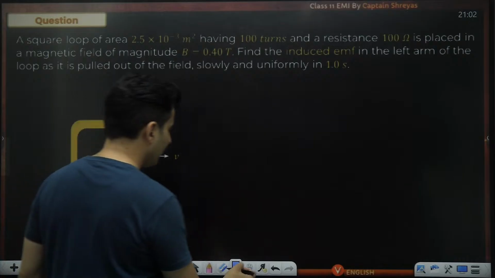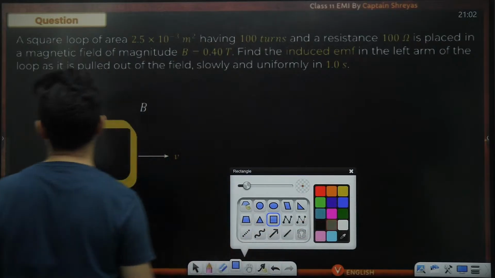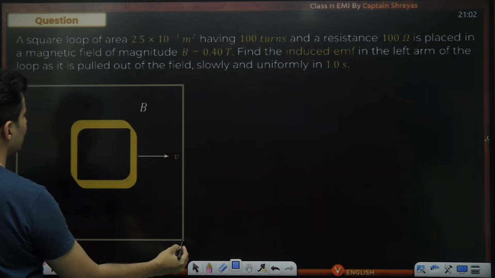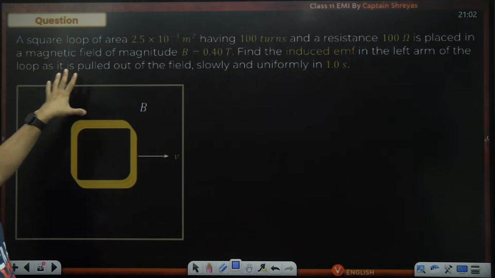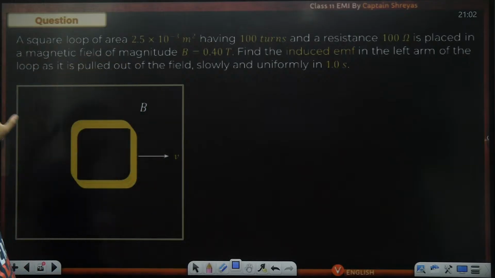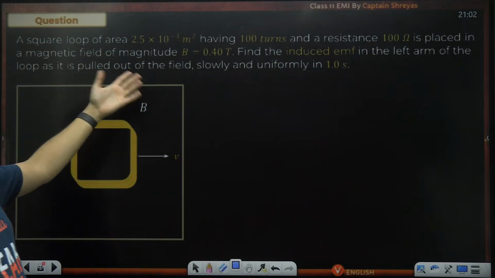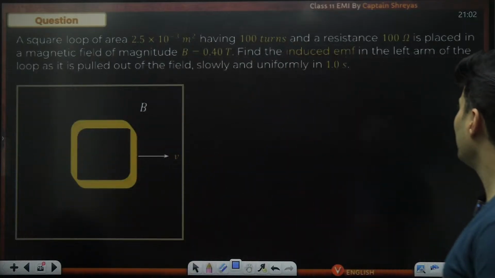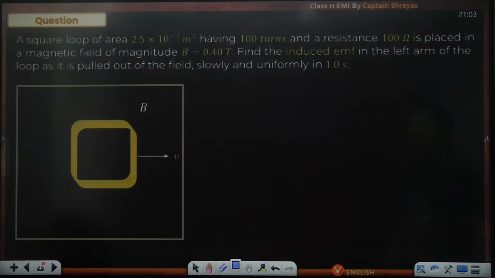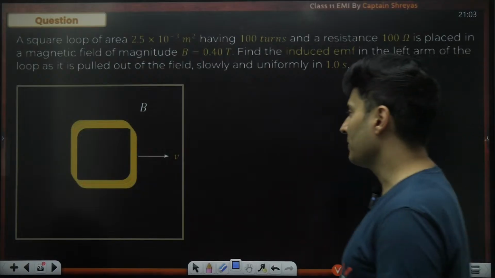You have a region where there is magnetic field. This is that region of magnetic field, and that square loop having some turns and some resistance is placed. Find the EMF in the left arm of the loop as it is pulled out of the field slowly in 1 second. Interesting.